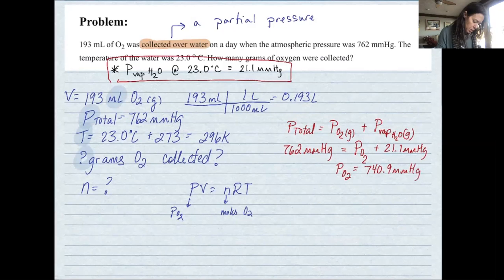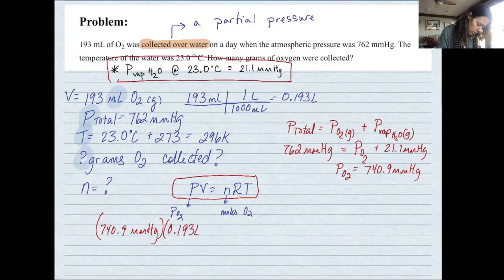Okay, so let's plug in our pressure to our ideal gas law and solve for number of moles. 740.9 mmHg. Our volume in liters is 0.193 liters. We're solving for moles of oxygen. R is 62.4 liters mmHg per mole kelvin, and our temperature is 296 kelvins.